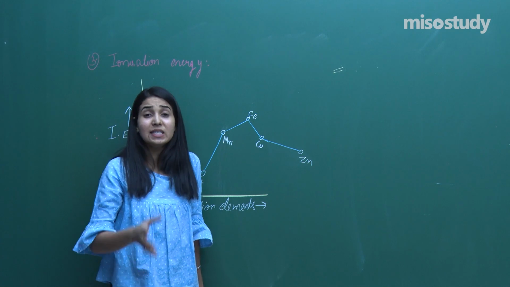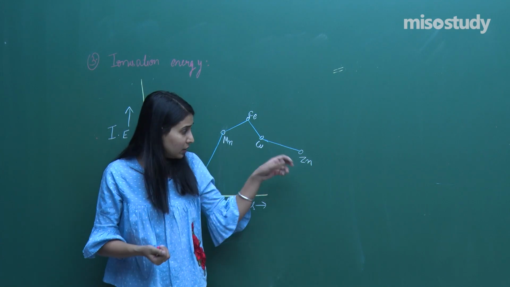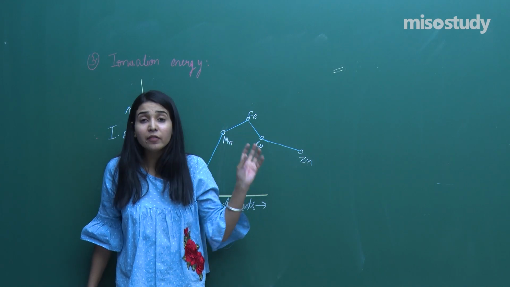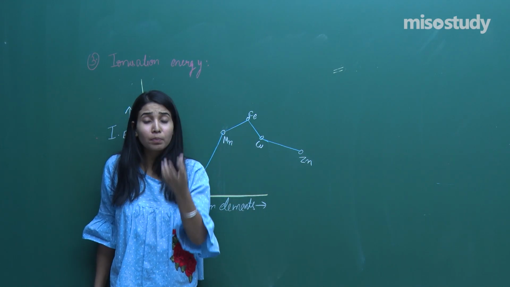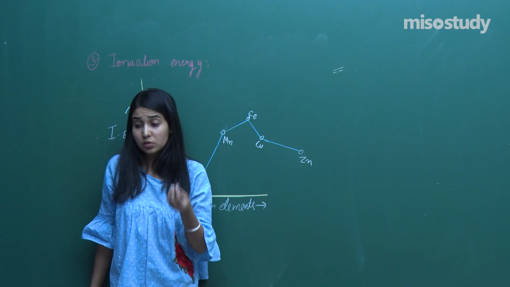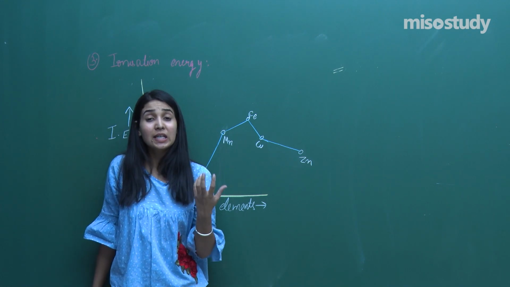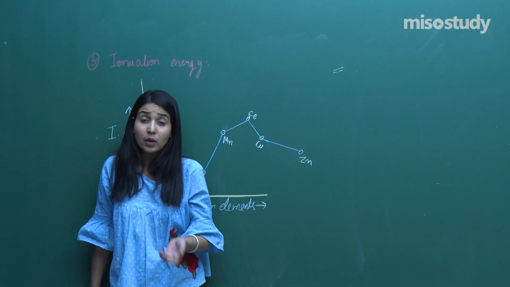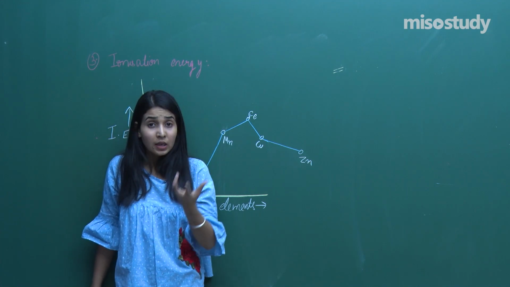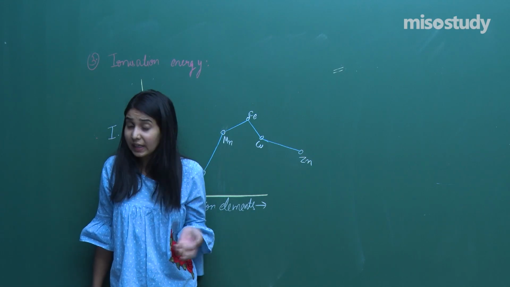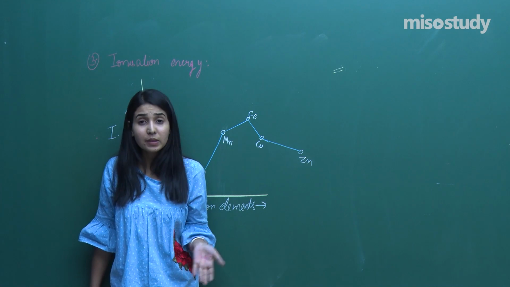Now the easiest case for me is manganese, which has a high value, and in the +2 oxidation state, the value is found to be the least. Why? Because that is the particular tendency of each element to attain stability.